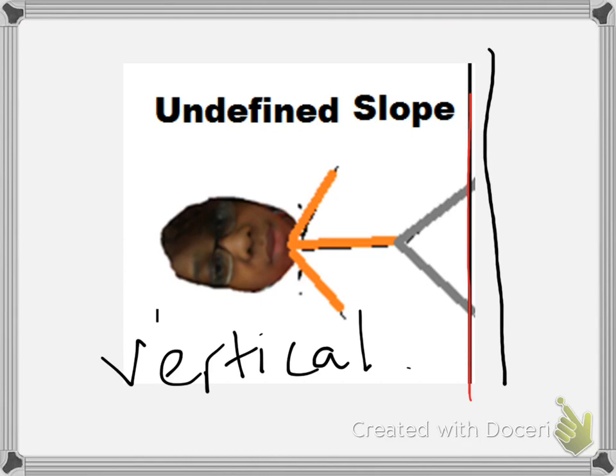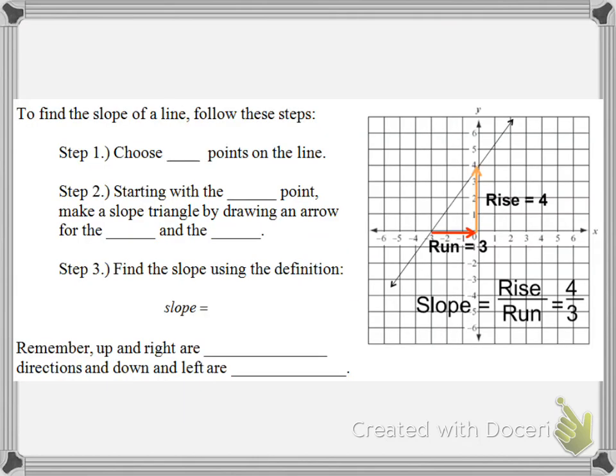So how do we find the slope of a line if we have a graph? Now we know how to do the table method. Let's see what happens if we have a graph. So to find the slope of a line, follow the following steps. What you definitely need are 2 points on the line. So you're going to have point 1 here, and point 2 here.